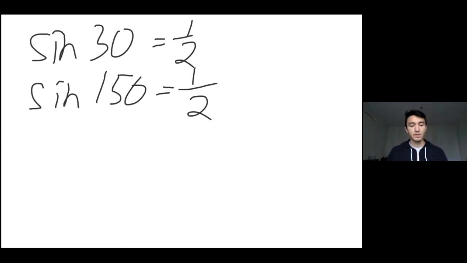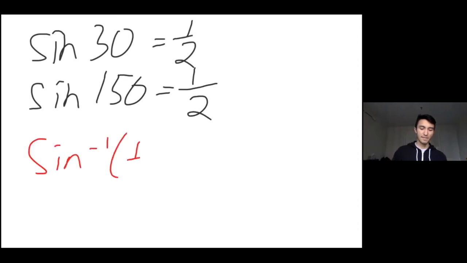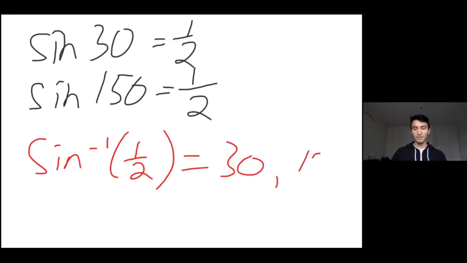And that's it, right? So which answer do you pick? Well, it kind of depends on what the problem's asking, I think. So if you were to do inverse sine of 1/2, well, technically there are two answers, right? 30 degrees or radians, and then 150 degrees or radians, right?